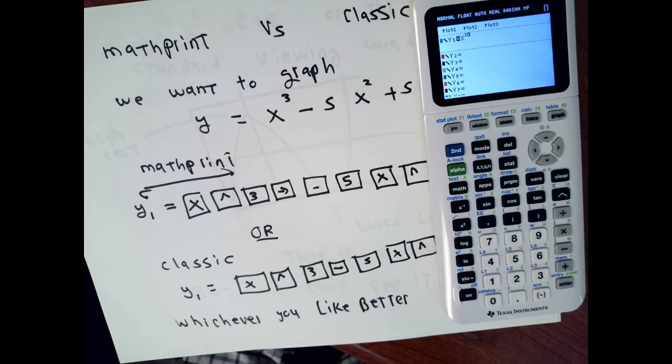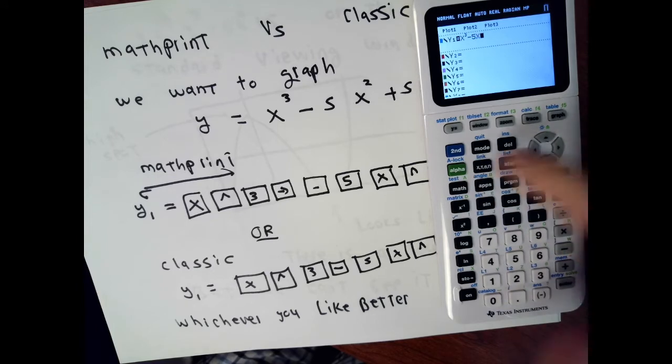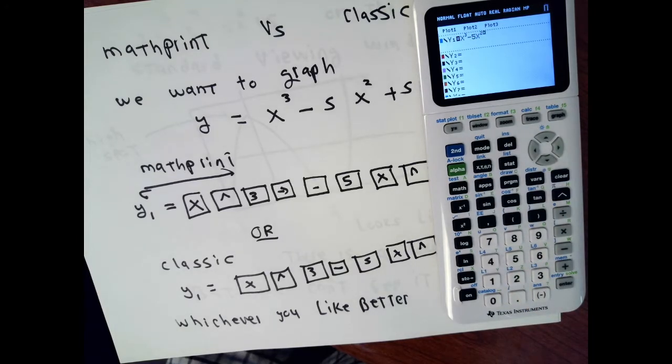To get down off of the exponent, press right arrow, and then minus 5x raised to the 2 power. You've got that same situation, so press right arrow again, plus 5.